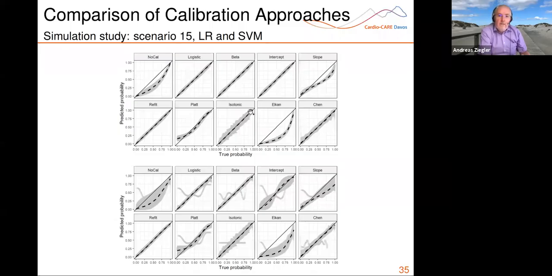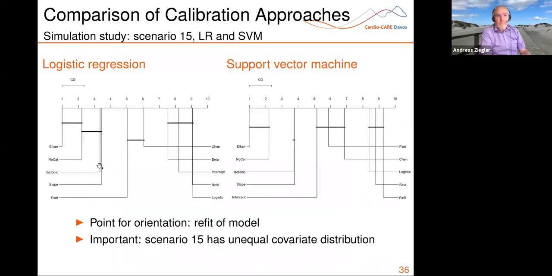Here you can see the effect of the monotonicity, of this kind of binning, that you typically have a wider variability in isotonic calibration. You can also see that logistic calibration, beta calibration, and in most cases intercept calibration perform very similarly. No calibration always is a bad idea.